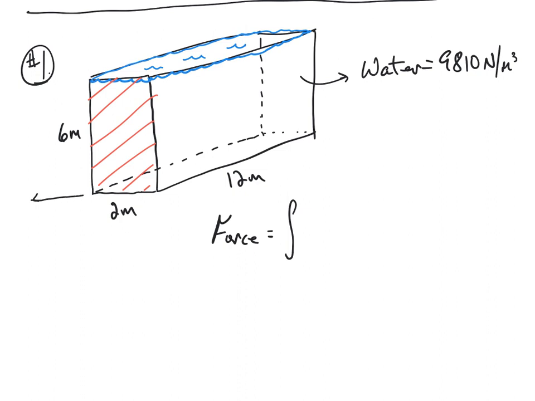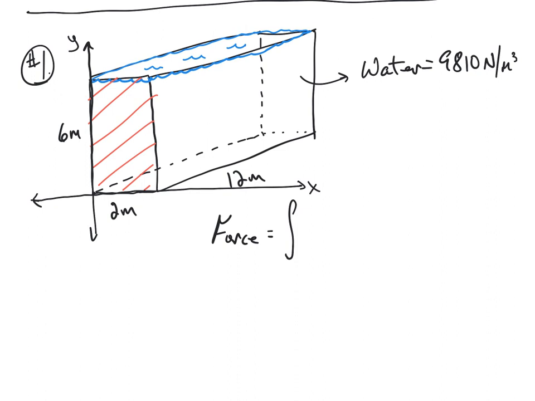And so on this problem I'm going to put the x-axis right through the bottom of the tank, and I'm going to put the y-axis through the left-hand side. Again, just as in our previous section, you guys can choose to put the x and y-axis anywhere you want. But I'm going to choose to put it through there.